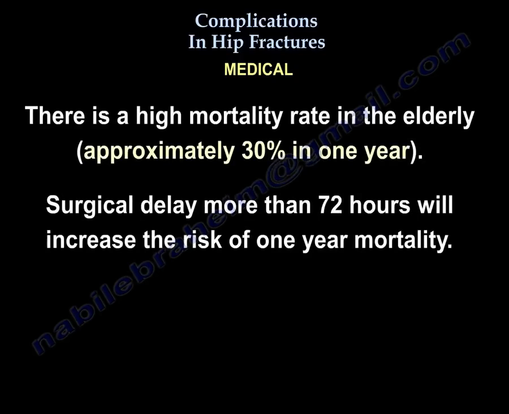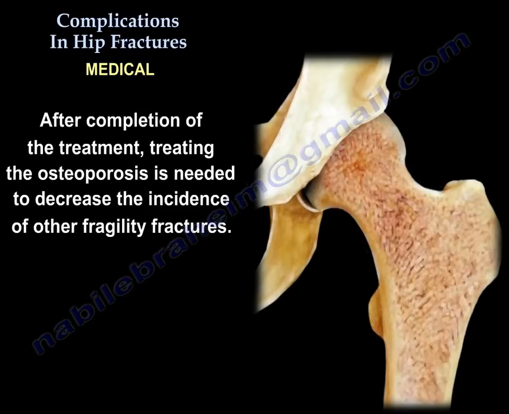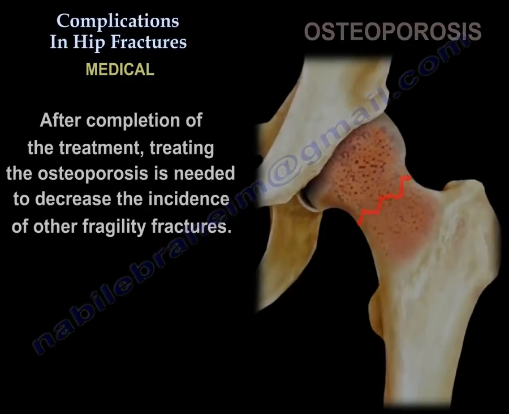There is a high mortality rate in the elderly, and surgical delay of more than 72 hours will increase the risk of 1-year mortality. You need to treat osteoporosis to decrease the incidence of other fragility fractures.